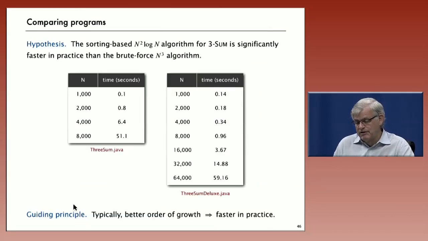And so we're implicitly making the hypothesis that if we do this sort-based thing and use binary search, we're going to have a faster program. And sure enough, we can run some experiments and find that whereas it took us 50 seconds to solve the problem for 8,000 numbers before, it's taking less than a second now.